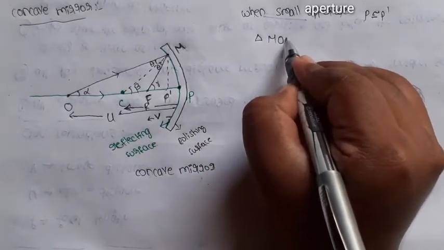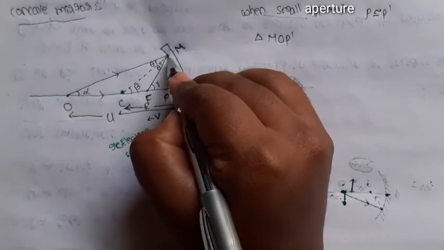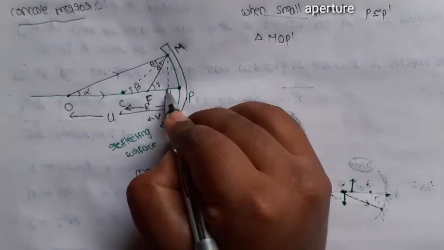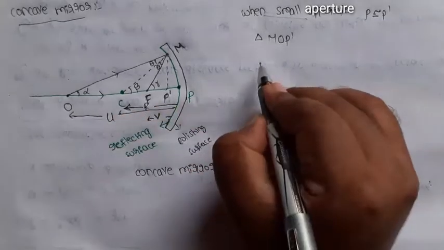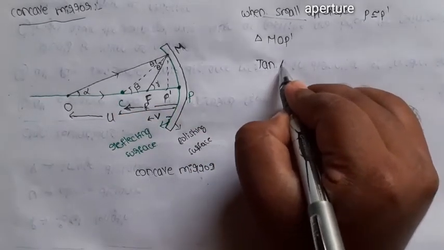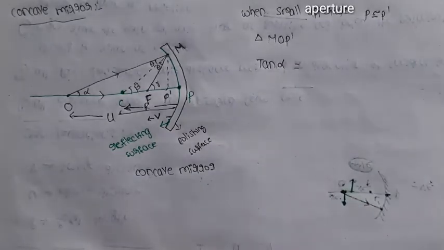Now I am taking the triangle M O P dash. The angle is alpha. I am applying tan alpha. What is the formula for tan theta?